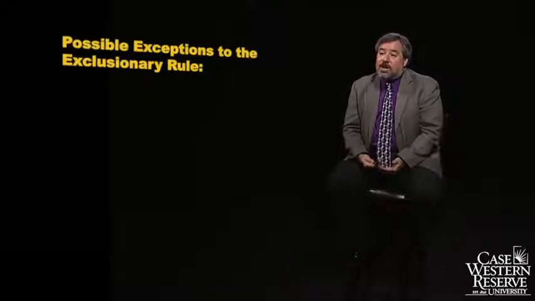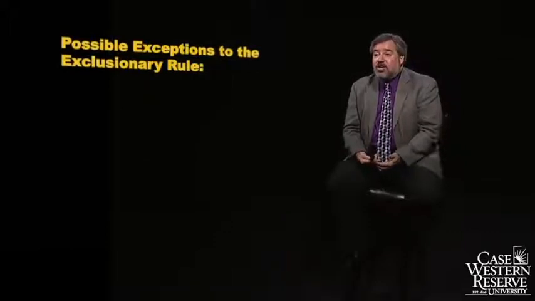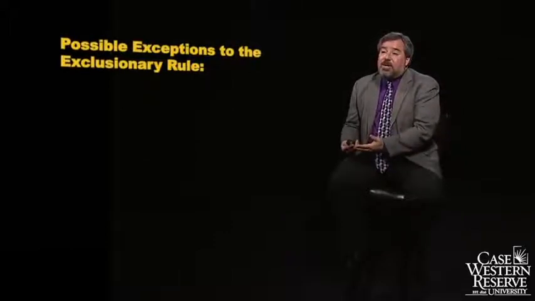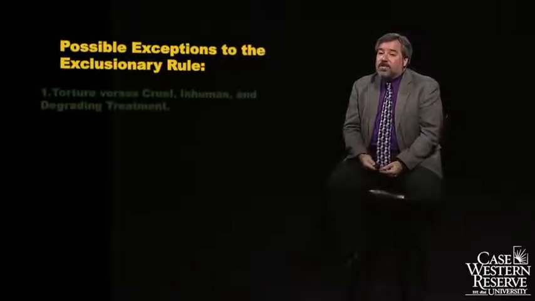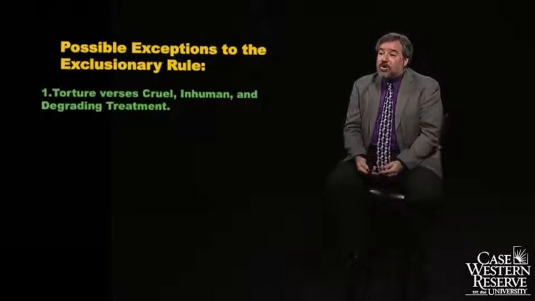So there's a host of possible exceptions that the prosecutors considered using in Cambodia to try to allow this evidence to come in. And we'll be looking at some of them today. One is the difference between torture and cruel, inhuman, and degrading treatment. The Torture Convention in Article 15 only prohibits the use of torture evidence.